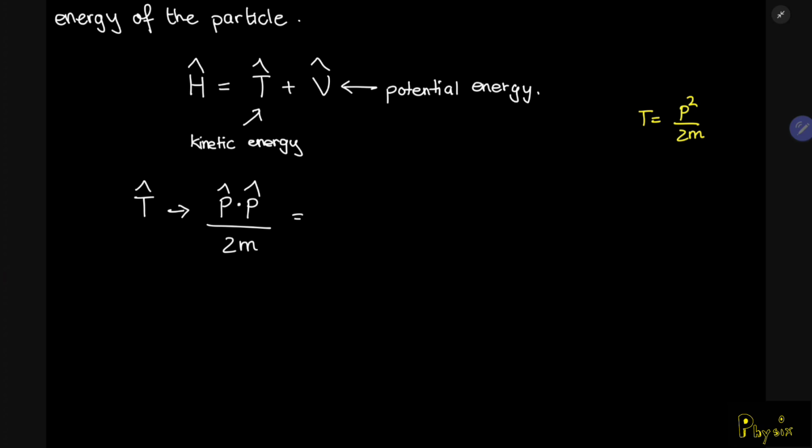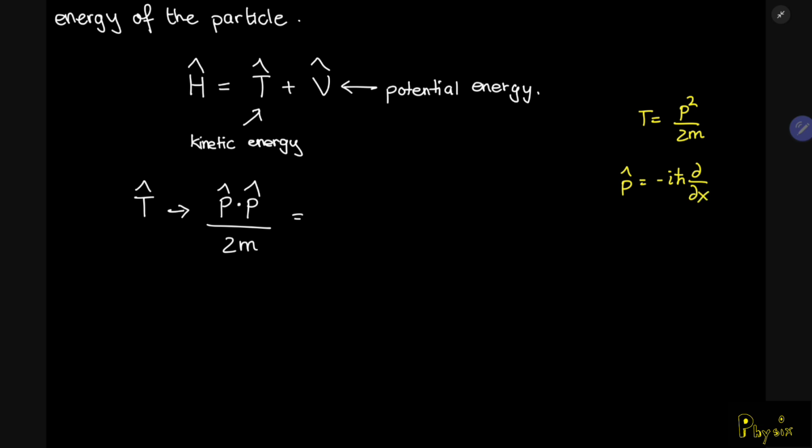Well, we need to know what the p hat operator, which is the momentum operator, is first. So the momentum operator in quantum mechanics, p hat, is negative i h bar, the first derivative with respect to x.